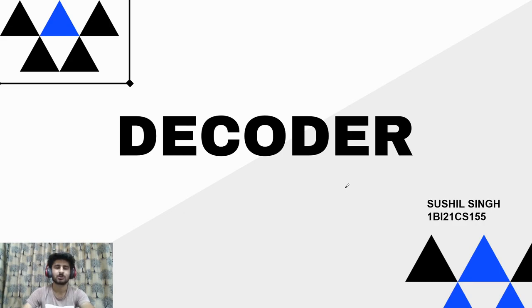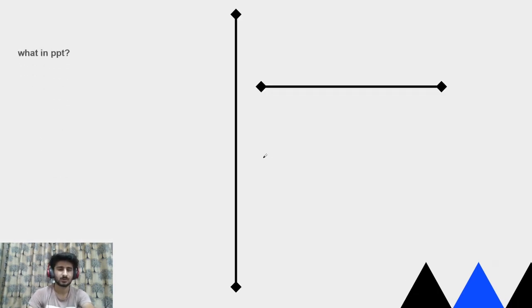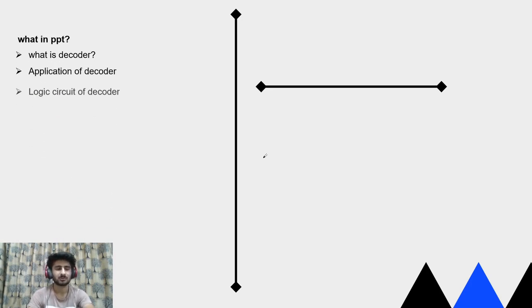Today I am going to present the topic of decoder, so let's start. What we will discuss in this topic: first, what is a decoder, then its applications, then its logic circuit.